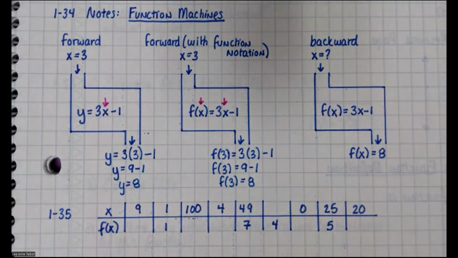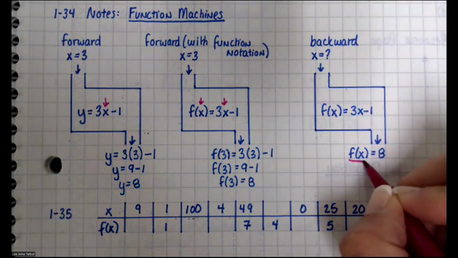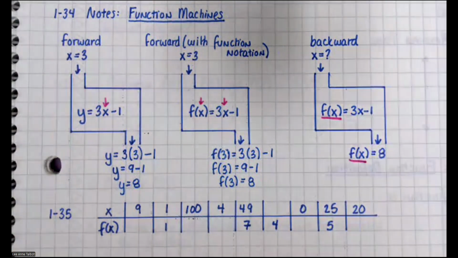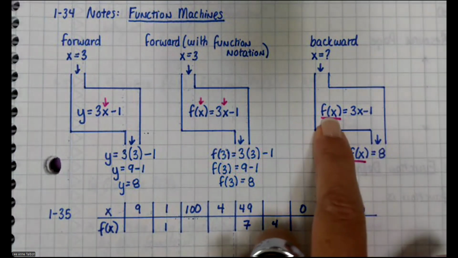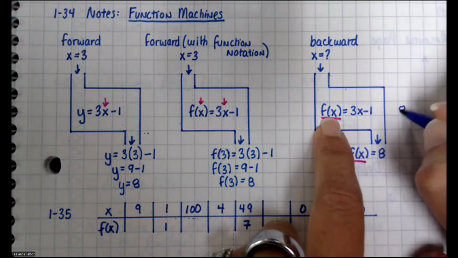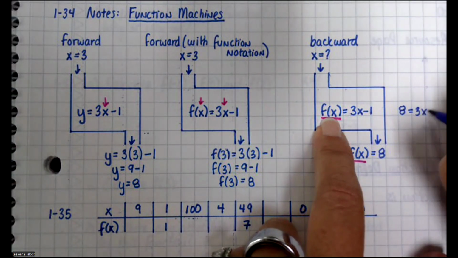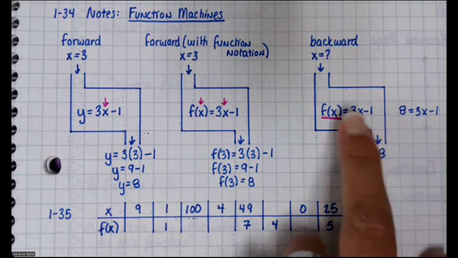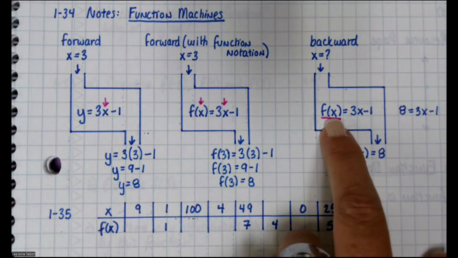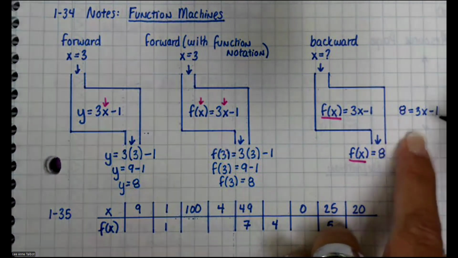Do you see how both of these things say f of x? That means I'm going to take the 8 and put it on this side of the equals. So I take my output and I put it on this side of the equals. And now I have an equation.